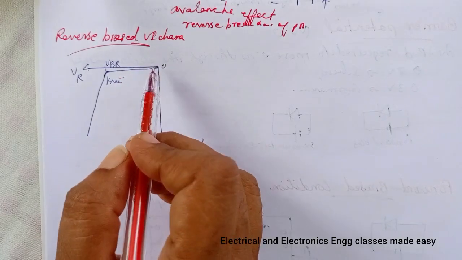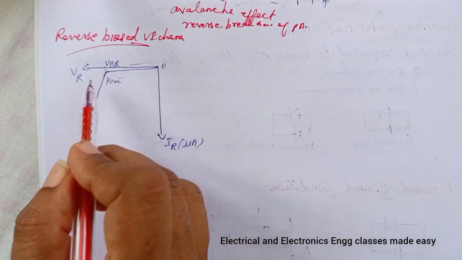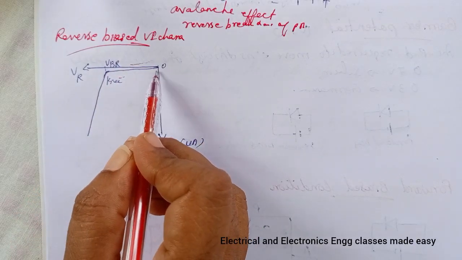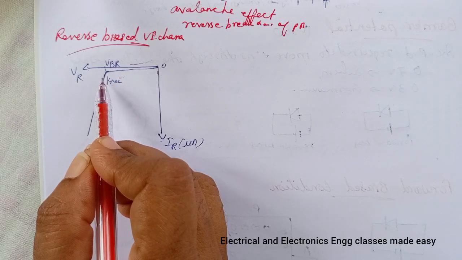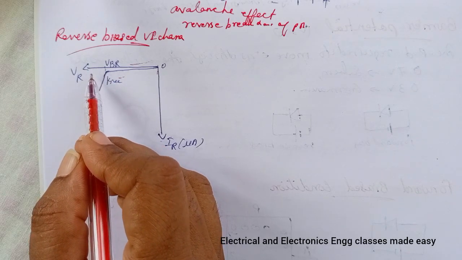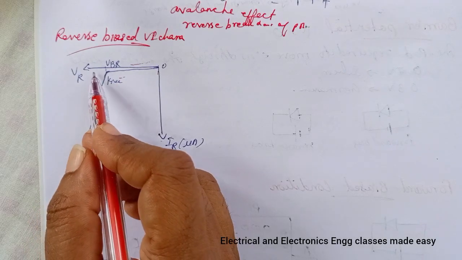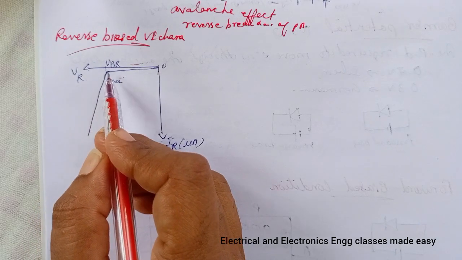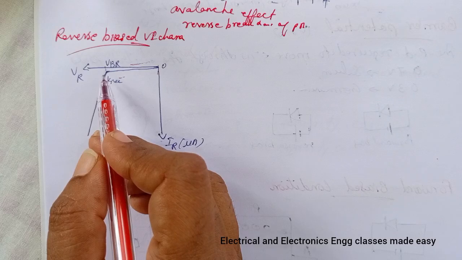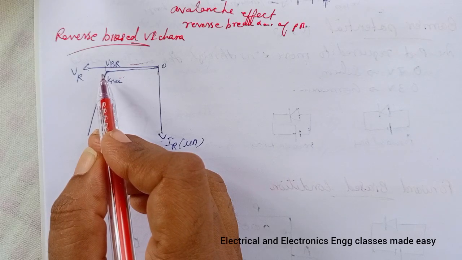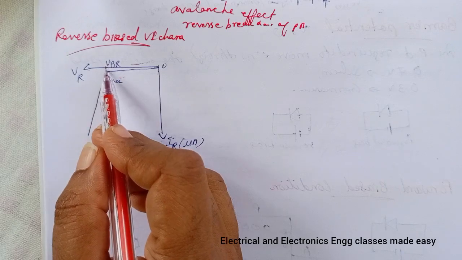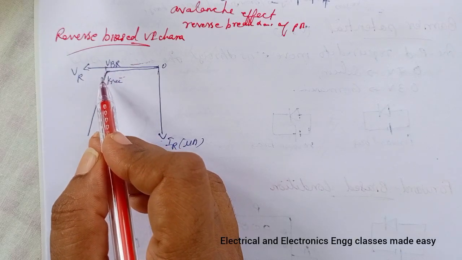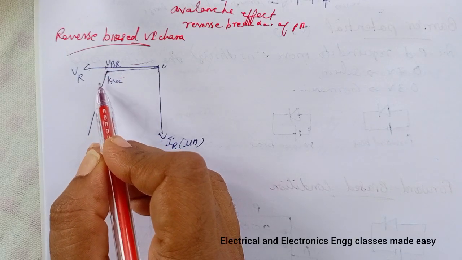As we increase the reverse bias voltage, there is a very small reverse current, and when the applied bias voltage is increased to a value where the reverse voltage across the diode reaches the breakdown voltage, that is VBR, the reverse current begins to increase rapidly.